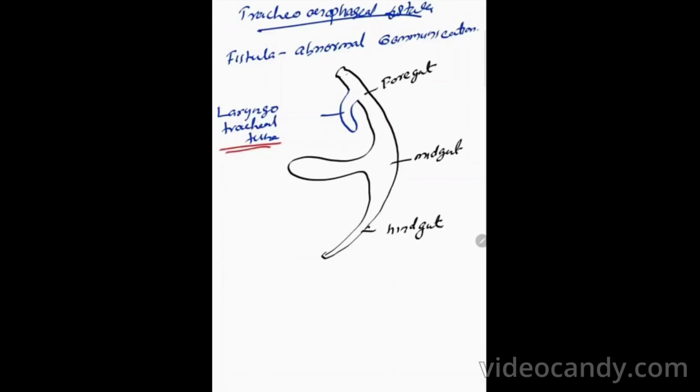Initially, as I already told you, the laryngotracheal tube is an outgrowth from the foregut. That means they have a communication here; they are communicating with each other.